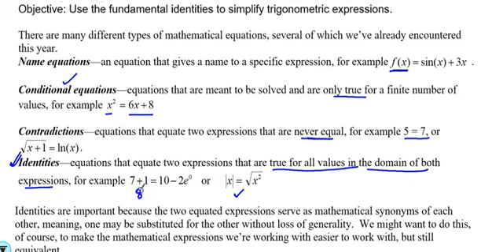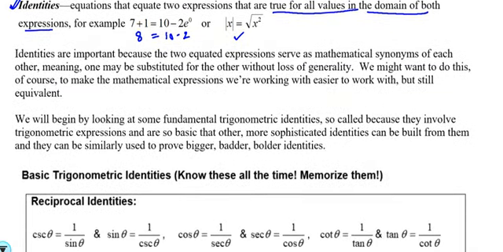Also, 7 plus 1 is 8, e to the 0 is 1, and 10 minus 2 is also 8. So these are identities. Identities are important because two equated expressions serve as mathematical synonyms of each other, meaning one may be substituted for the other without losing generality.